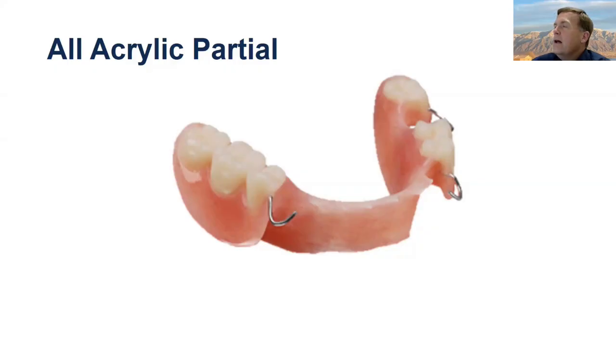So I don't think we're seeing a lot of printed acrylic partials, but the workflow is there, and I think we'll see more and more of this. Again, I expect to see digital adoption on the removable side going much faster than it did on the fixed side.